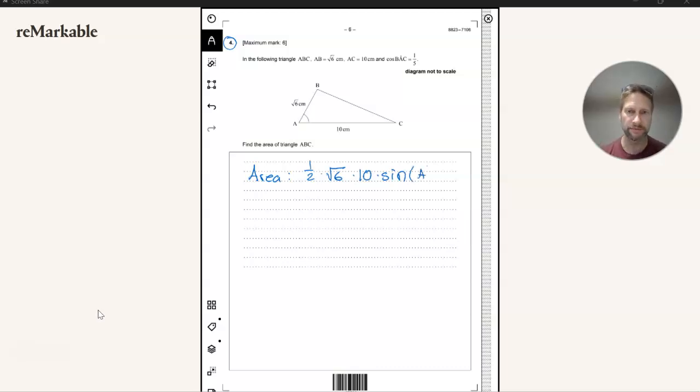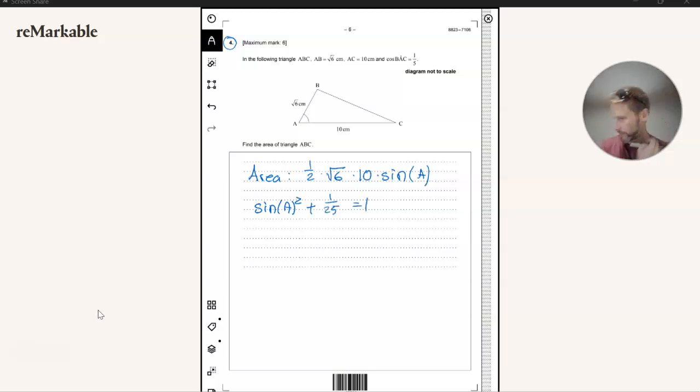We're not so happy about that because we only know the cosine, but then we realize that the cosine and the sine are completely related. We just need to know that the sine of A squared plus the cosine of A squared, which is 1 over 25, equals 1.